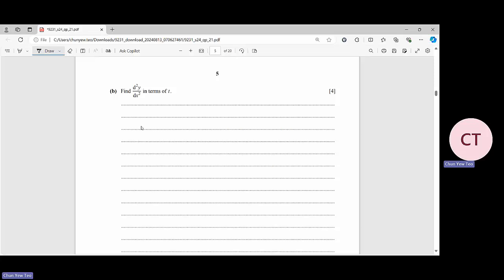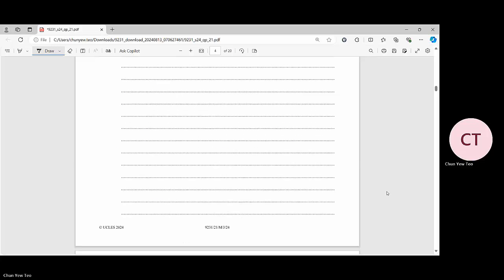Second order derivative, d square y over dx square, will be d dx of the dy dx. So your dy dx from part A is already in the expression in terms of t. So this one, the part A result, is the square root of 1 minus t squared times cos of t minus t.